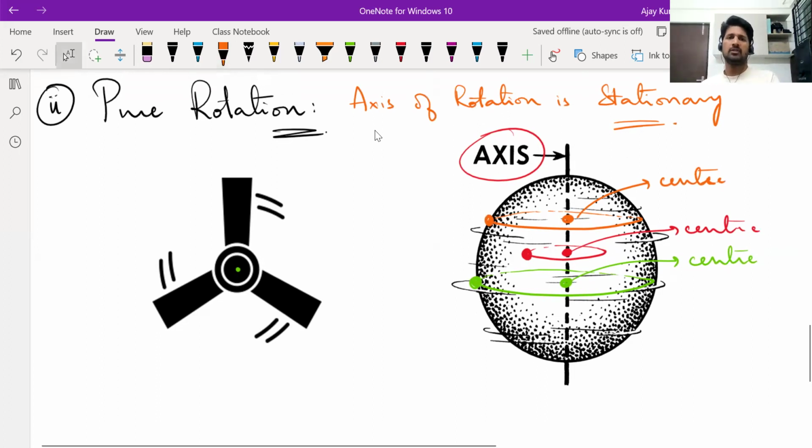Is it rotating about a stationary axis in space? Indirectly asking, is the axis of rotation of the Earth stationary?